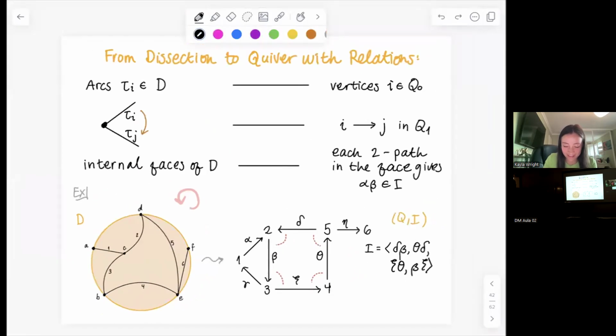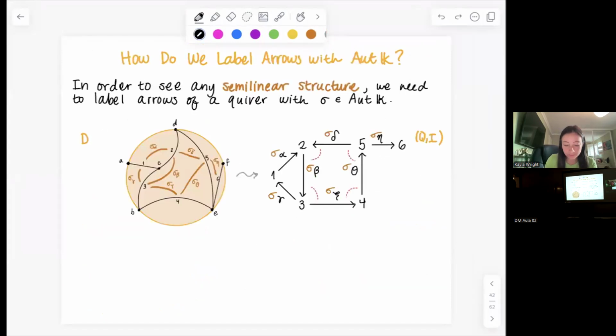Okay. Great. So this is going to be our setup to get the quiver and the relations on the quiver from the topological surface. And now what we really want to do is try to recover this semilinearity on the surface somehow.